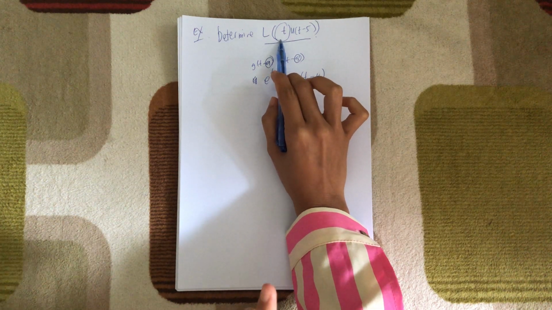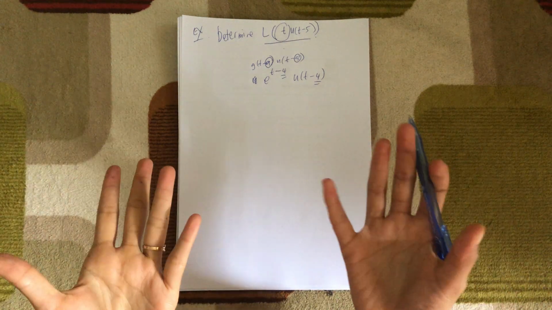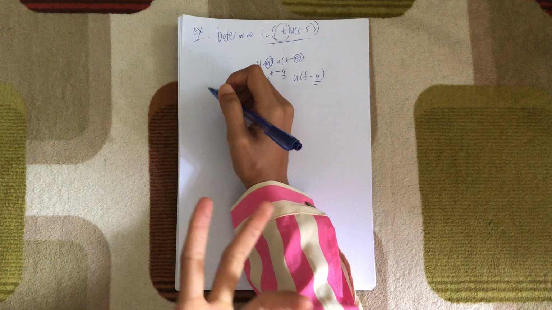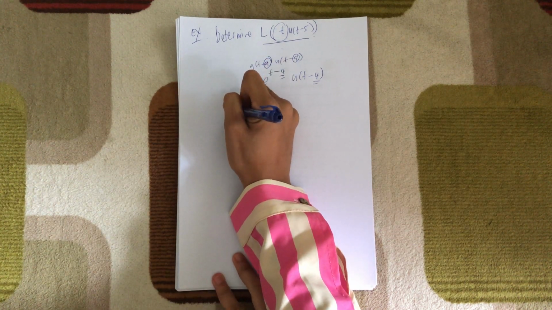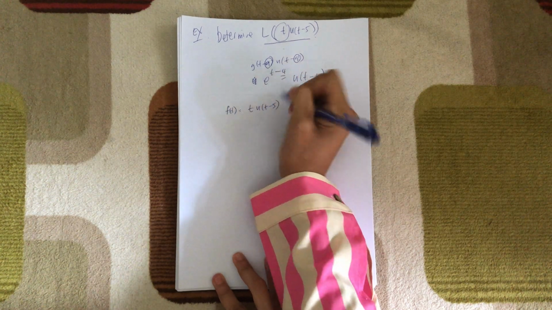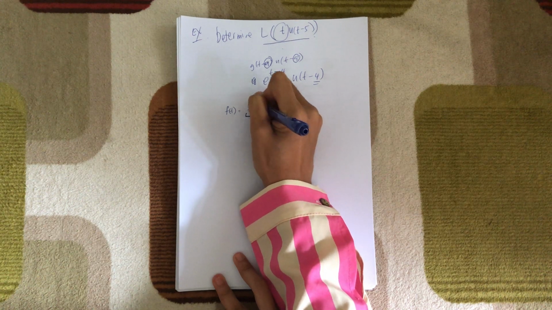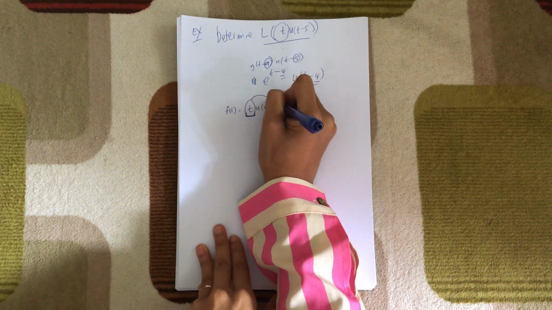This is only t, right? So for this case, how to cater this question? The first step or the additional step that we need to do is, okay, your f(t) here is t u(t-5), right? So we need to make this t follow this.